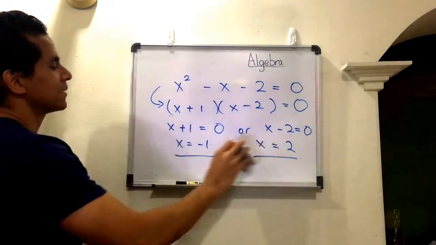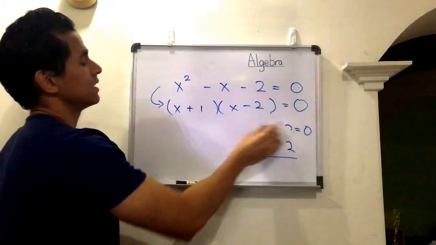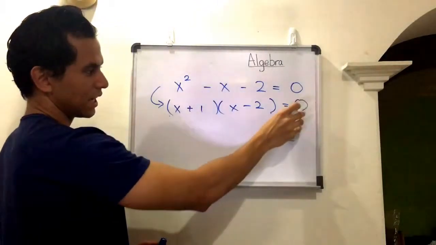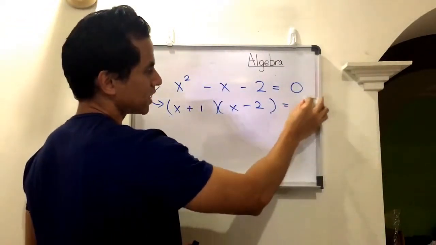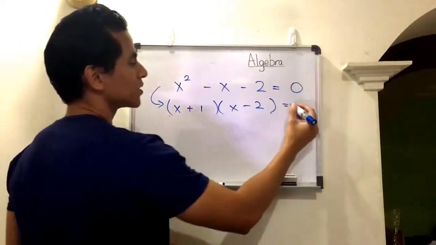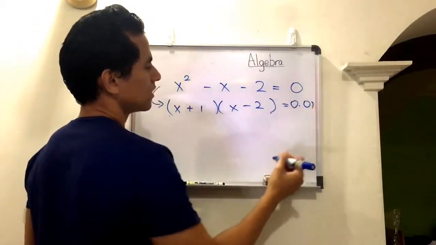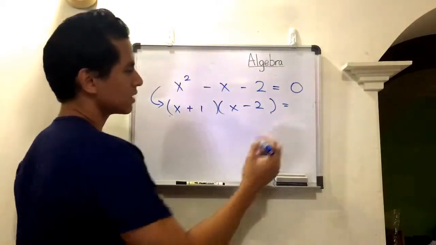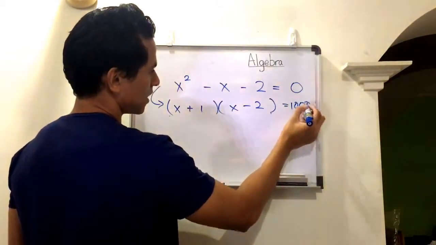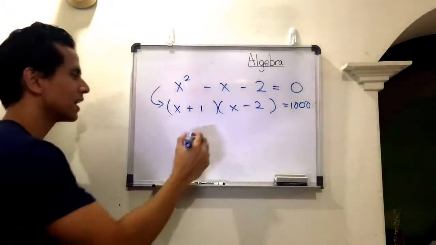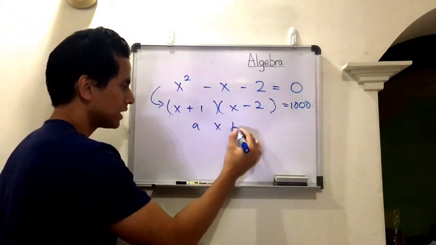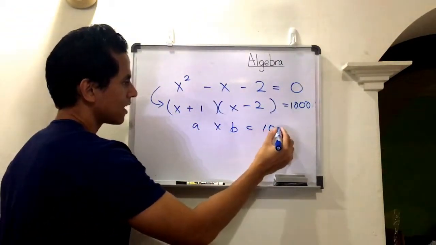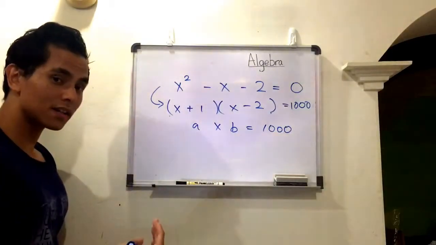Now, let me explain a bit further why this does not work if it is equal to 3 or any other thing. Even if it's 0.01 or 1000, whatever it is, as long as it's not 0, it wouldn't work. Why is that? Because again, let's say I said A times B equals 1000.